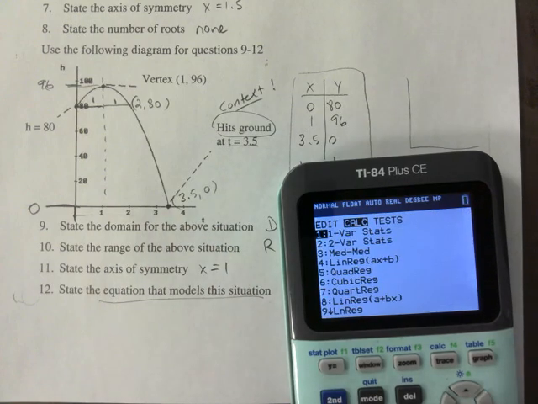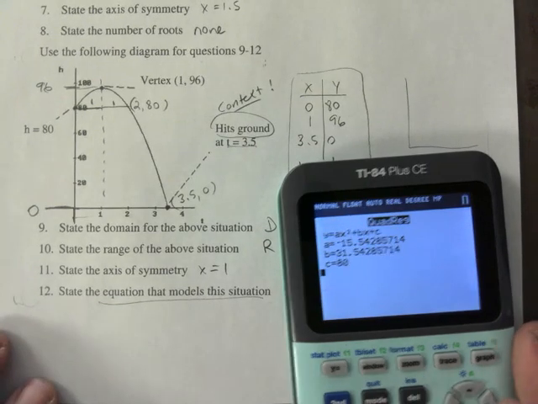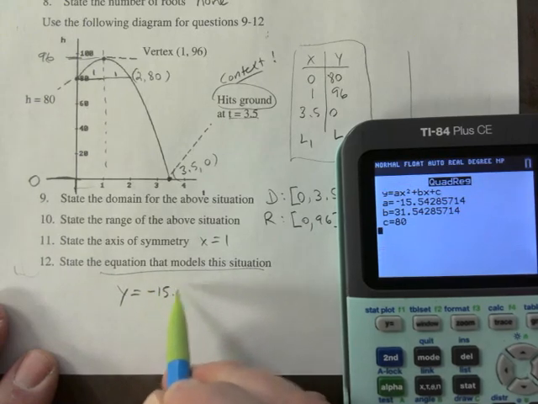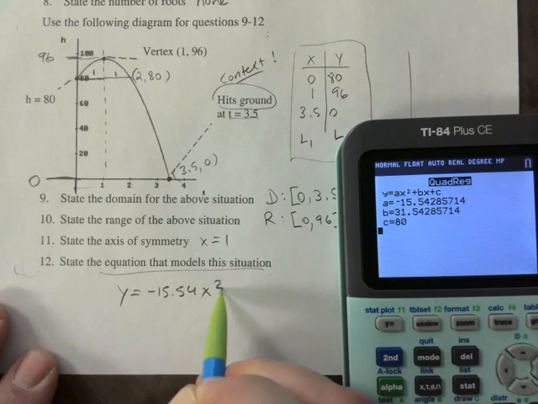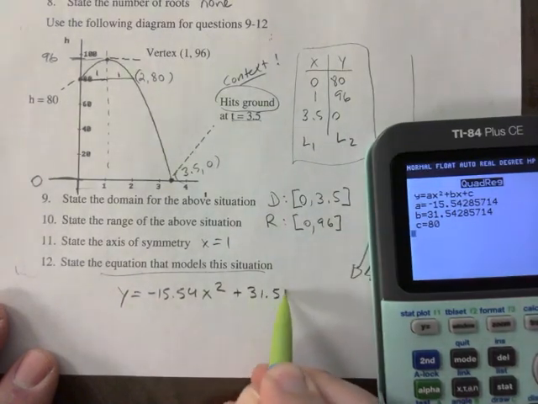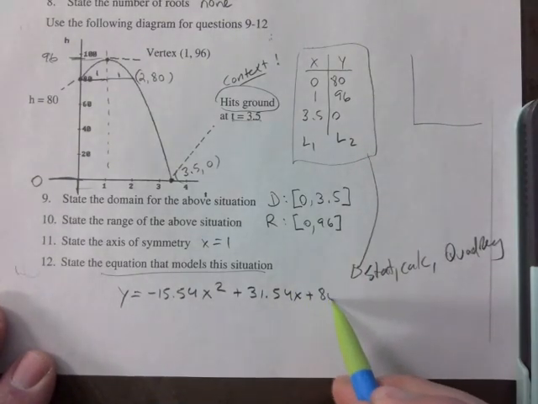So STAT, CALC, QuadReg, L1, L2, ALPHA, TRACE, Y1. You feed that, and that is what you should be getting. So y equals negative 15.54x² plus 31.54x plus 80. And that plus 80 should not surprise us.